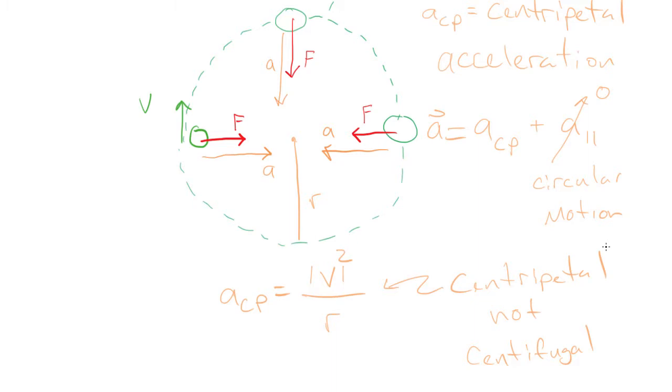It is incorrect to say there is no such thing as centrifugal force, which many a high school level physics teacher might say. There is such a thing, but it's much more complicated than anything we want to deal with here. It has to do with non-inertial coordinate systems, accelerating reference frames, and stuff like that that you don't care about. So this is centripetal, not centrifugal.